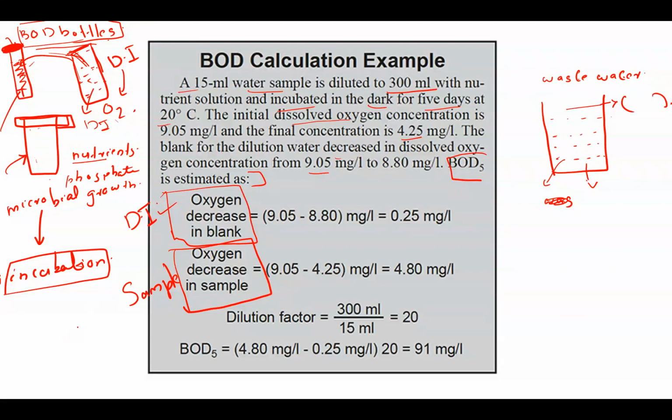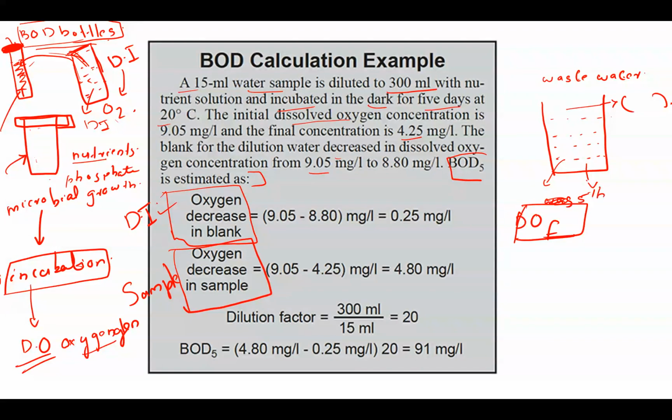Then after 5 days, you measure the dissolved oxygen content, how much dissolved oxygen is there. So you measure the dissolved oxygen on the final day, that means it is the fifth day you are measuring.